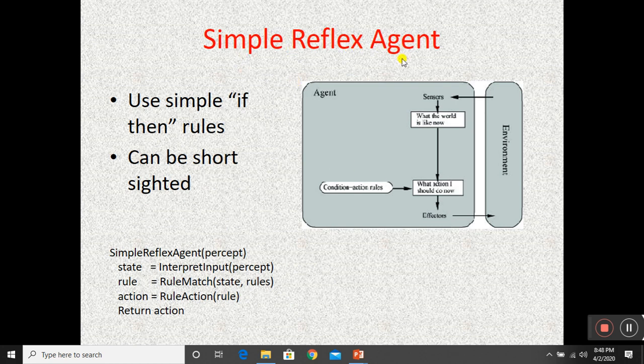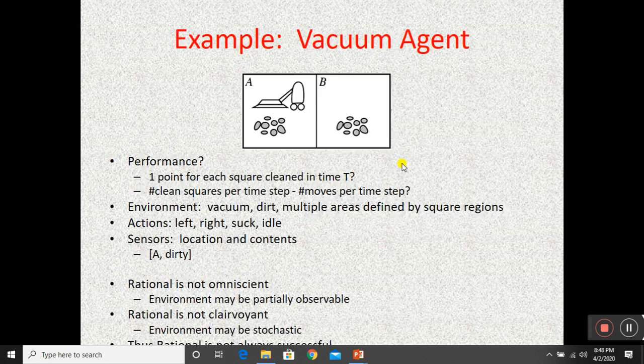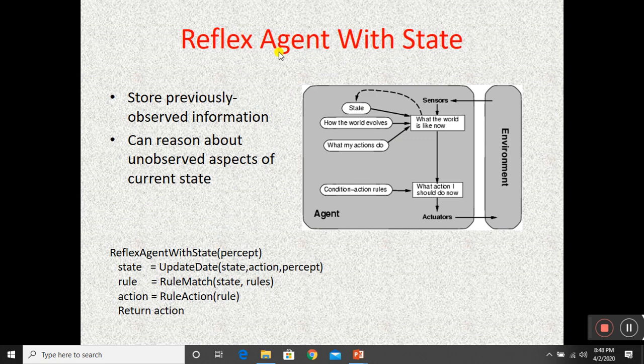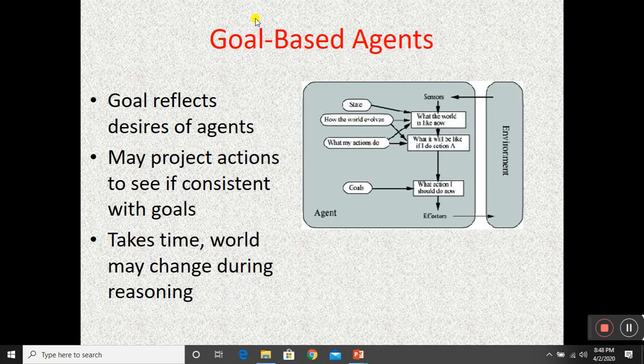This is simple reflex agent. So this is simple reflex agent, this is reflex agent, this has this much extra, and this is goal based agent. So in goal based agent there is environment, there is sensor, and goal reflects desires of agent.